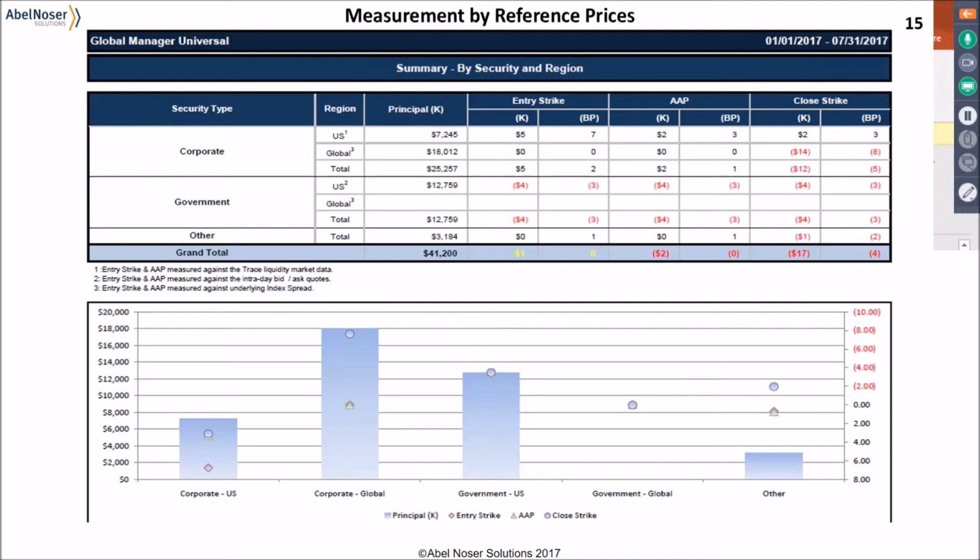The head of fixed income trading can also use the data to discuss with portfolio managers the possible causes and solutions to slippage. And as we get more data from our clients, we'll be able to produce more detailed universe benchmarks to indicate whether the trader's costs are in line with the rest of his peers.